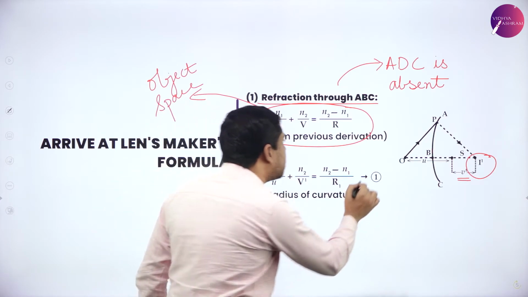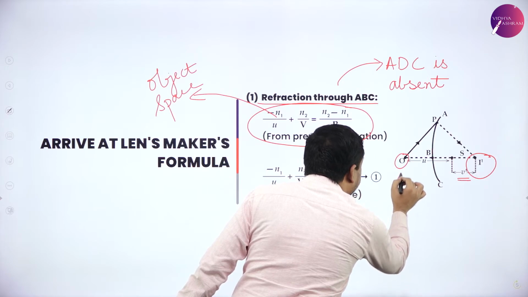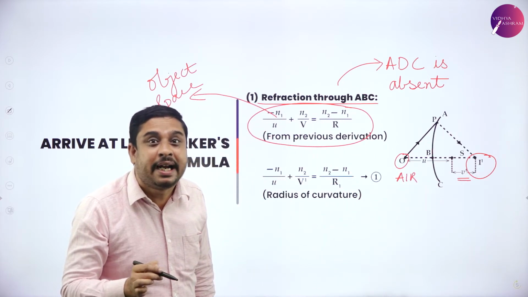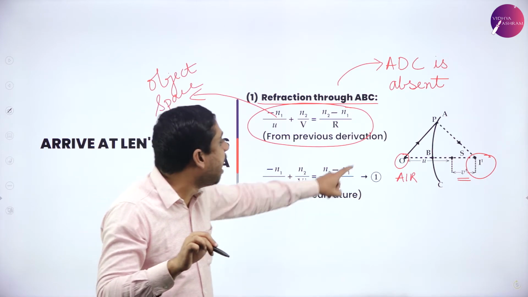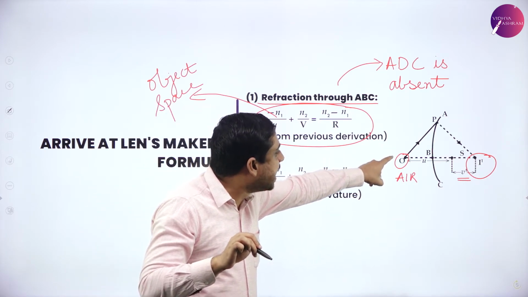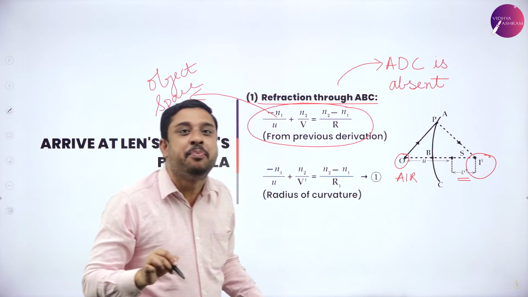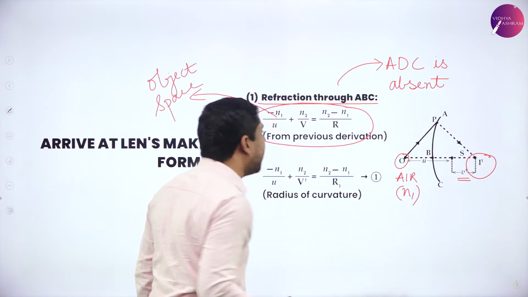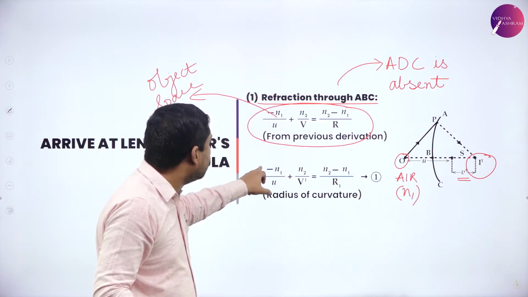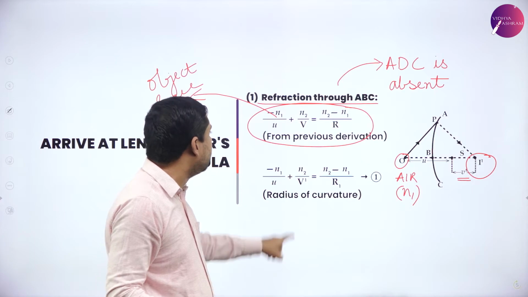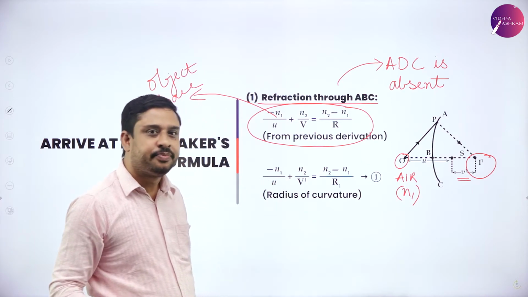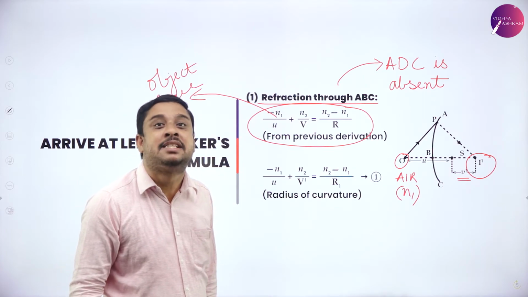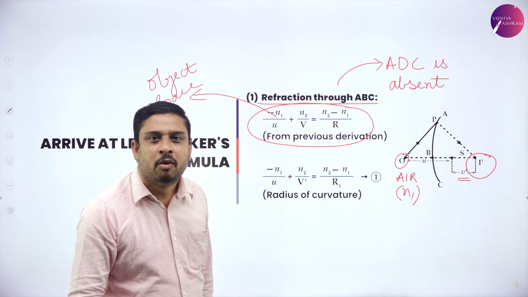In my situation, the object is placed in air. Not inside the lens, not on the lens. The object is placed in air medium whose refractive index is n1. So minus n1 by u plus n2 by v, the image space.